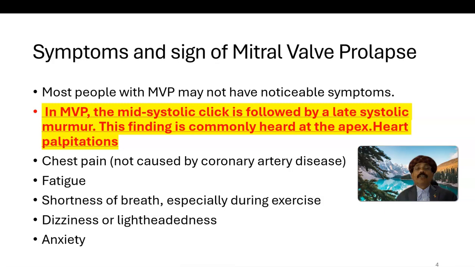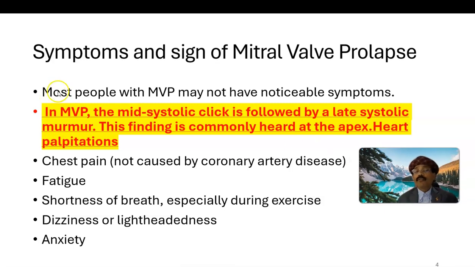Symptoms and signs: most people are asymptomatic. On physical examination, a mid-systolic click is followed by a late systolic murmur. This finding is commonly heard at the apex of the heart, at the left fifth intercostal space, just medial to the midclavicular line in a healthy person.